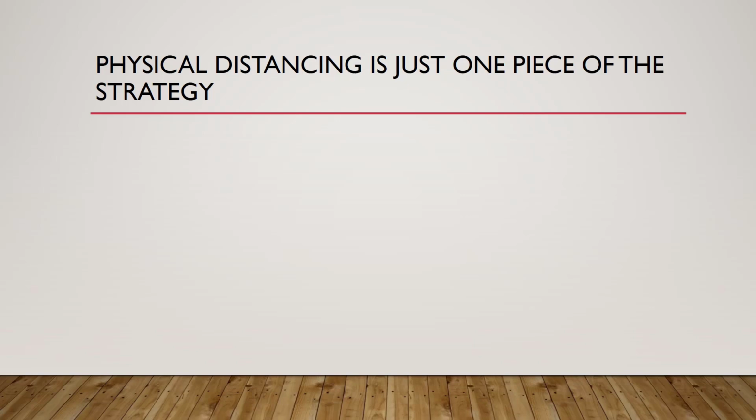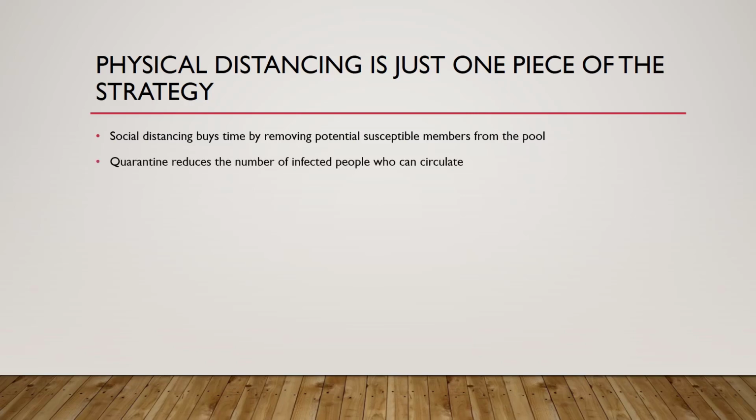What we showed through these examples is that physical distancing is just one piece of the strategy. This social or physical distancing buys time by removing potential susceptible members from the pool of people who could get infected. Quarantine reduces the number of infected people who can circulate with the uninfected. And testing complements both of these.